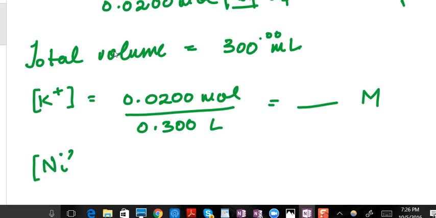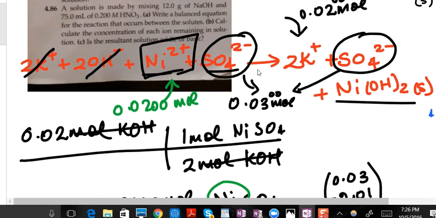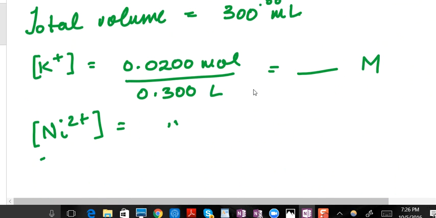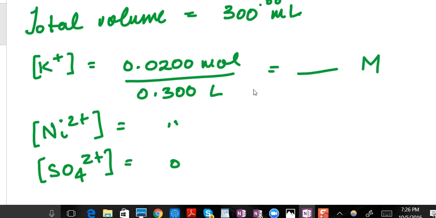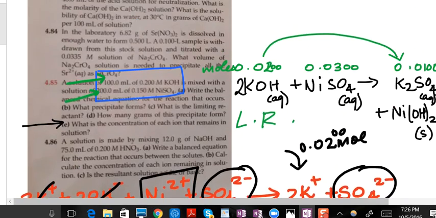The concentration of nickel 2 plus is actually going to be the same number, 0.02, as we've seen. So every time you scroll back up, the concentration of sulfate is going to be 0.03. The number of moles of sulfate remaining that were 0.0300 moles divided by the total volume, which is 0.300 liters. Okay, and I'm going to recap this whole problem one more time.